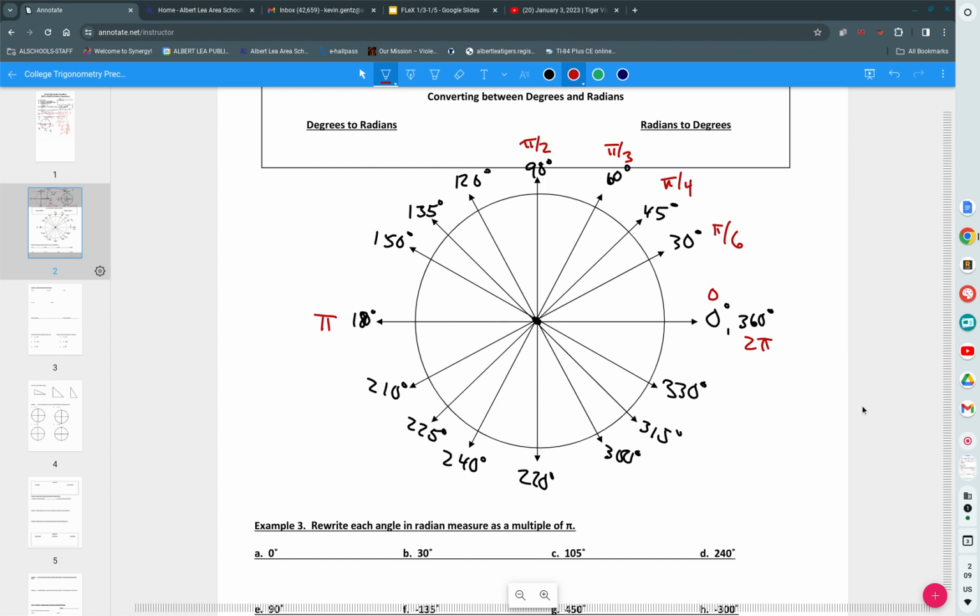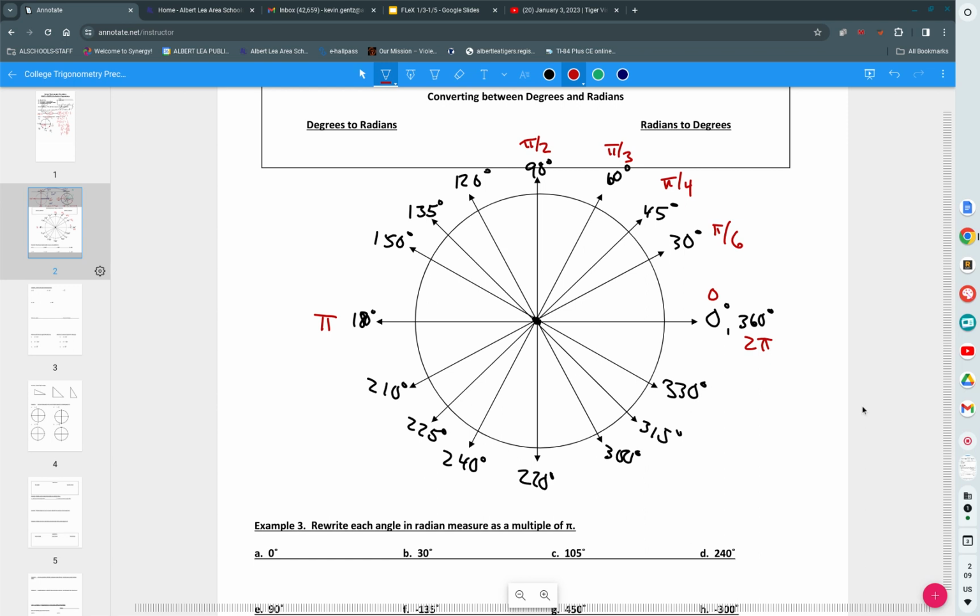From there, the rest can be super easy. This is what I do in my head all the time when I'm converting. Watch how this happens. I want to figure out 120. Which one of these divides evenly into 120? 30 and 60. I like to choose the bigger one. How many times does 60 go into 120? 2.